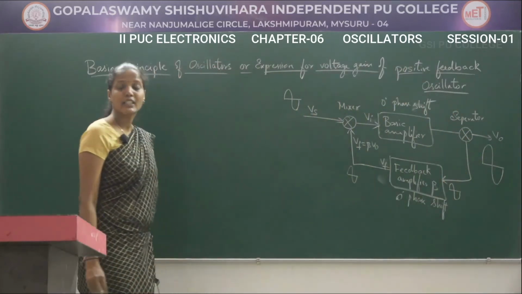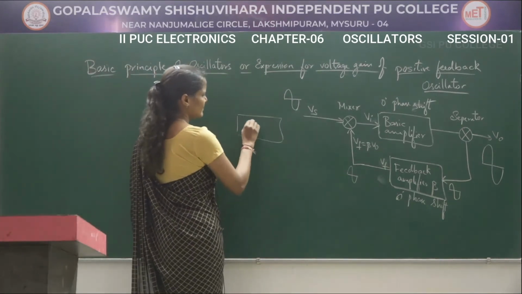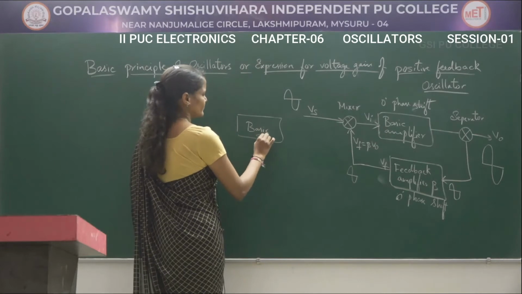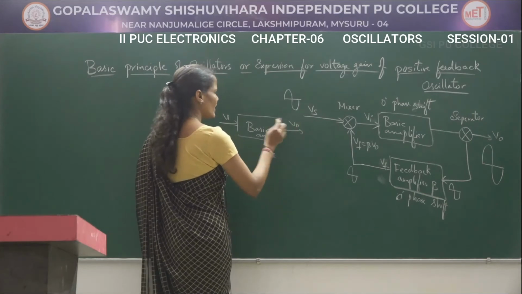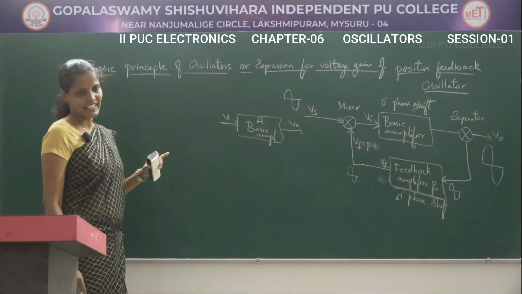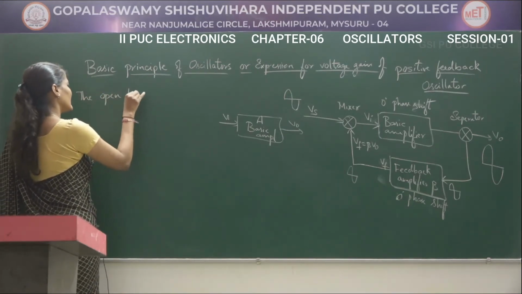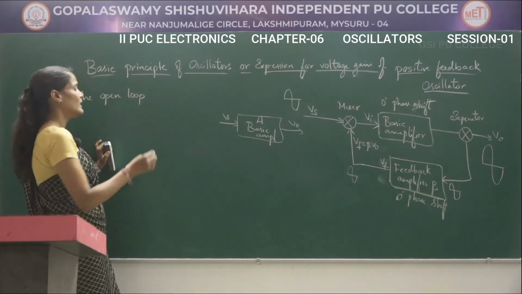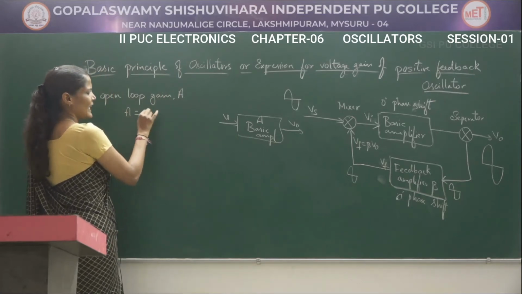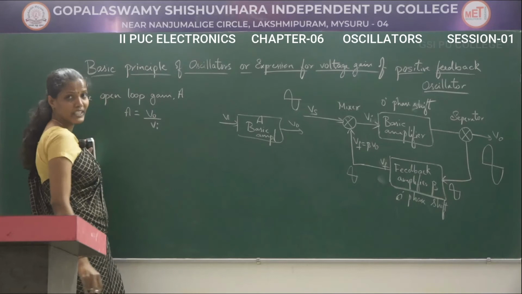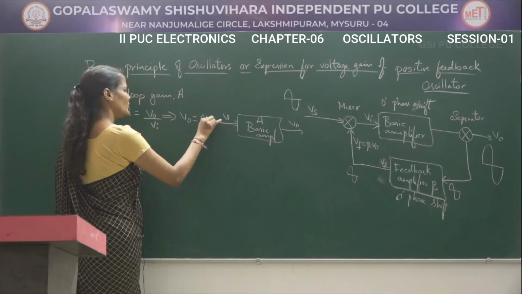If I consider the open loop gain, I am just considering a simple basic amplifier where the input is Vi and the output is V0, then the gain of this will be considered as A. So the open loop gain, open loop means when I do not give any kind of feedback, the open loop gain A will be equal to A equals V0 divided by Vi, or I can write this expression as V0 is equal to A into Vi.